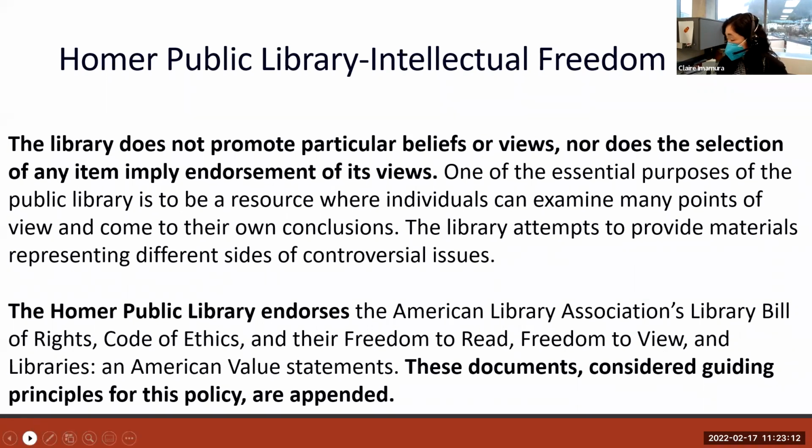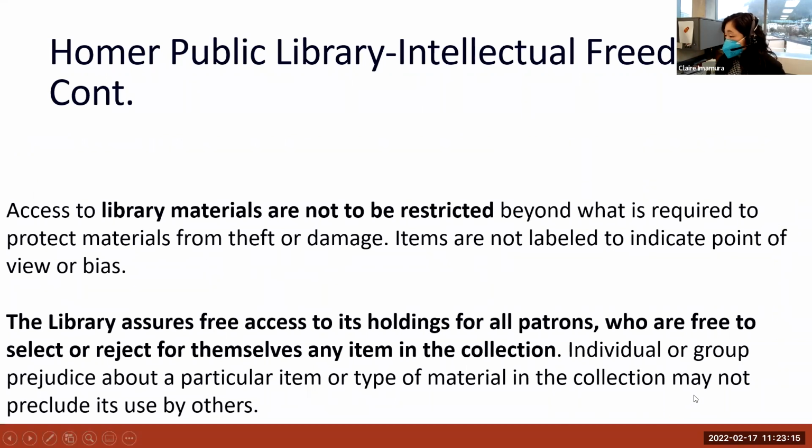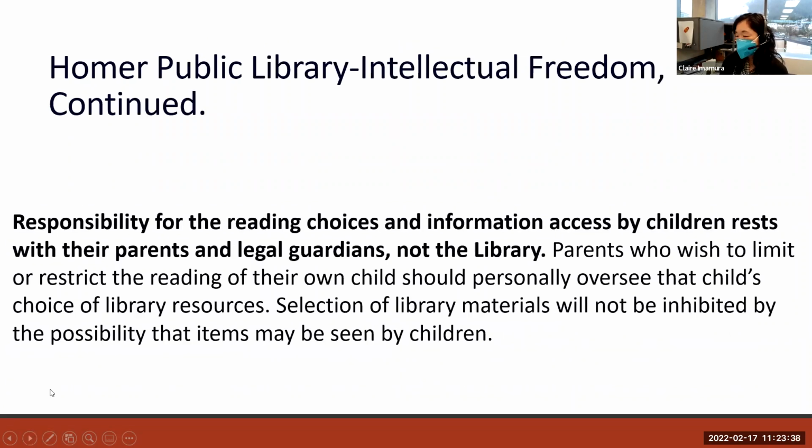And then on the next page, they go into accessing those materials and, again, putting that responsibility onto users for selecting their materials and the materials of their children, which is continued on the next slide and also on the following one.